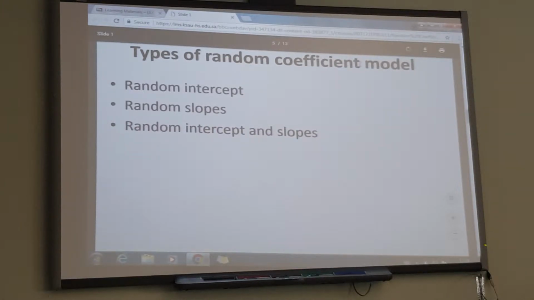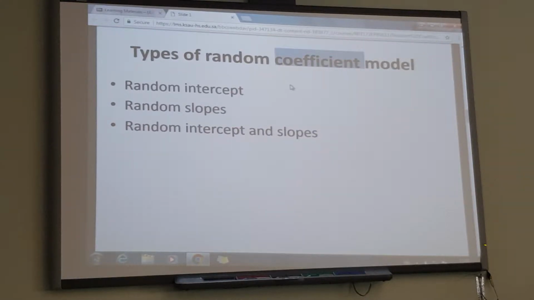It's called random coefficient. Why coefficient? Because you have two parameters. These two parameters, the intercept and the slope, are called coefficients. So both of them are called random coefficient. But now you can categorize this into three. One you call random intercept model, and now random slope models, and also random intercept and slope.